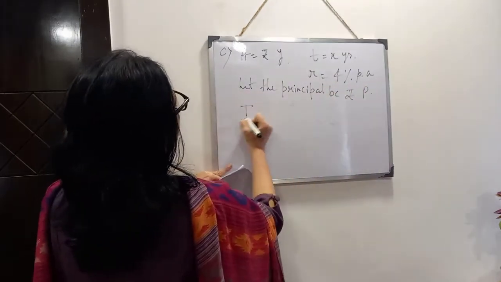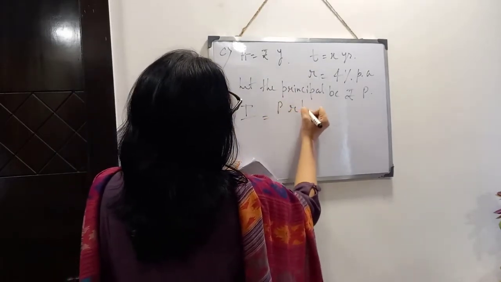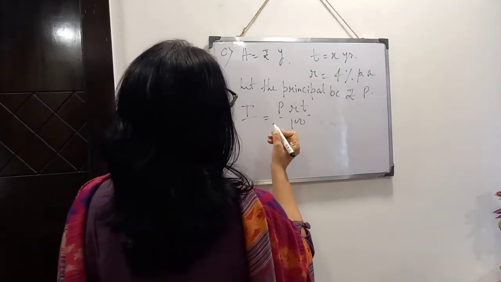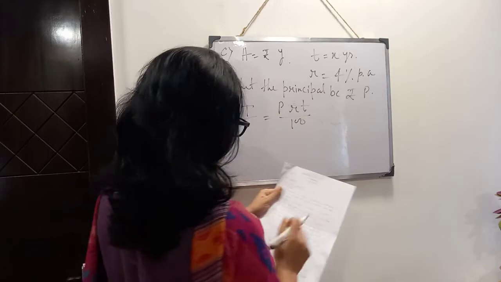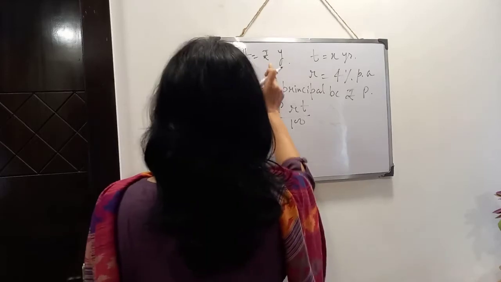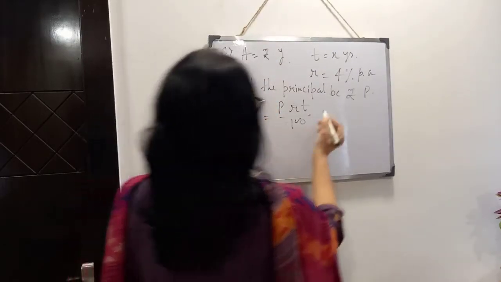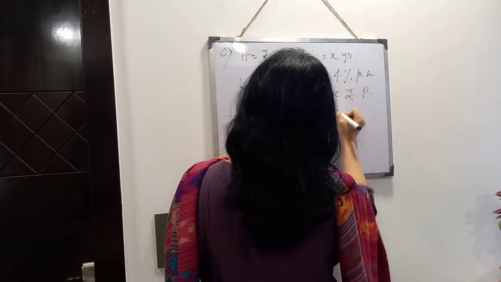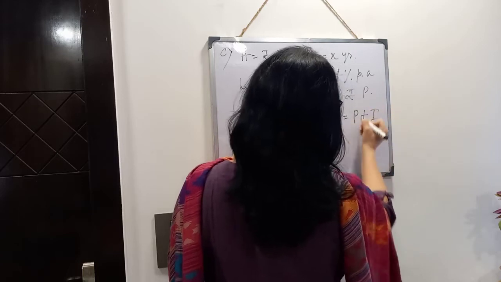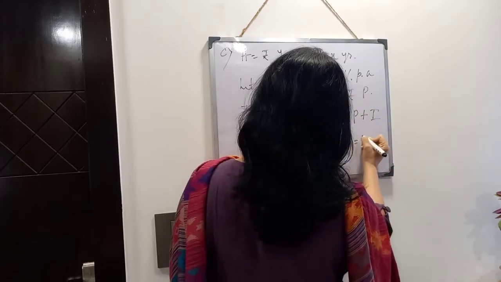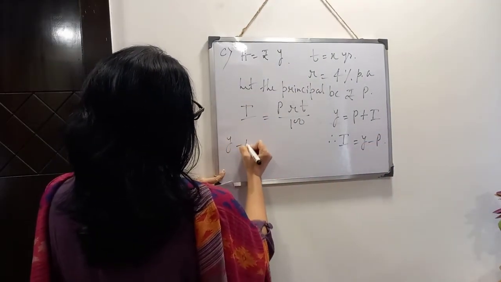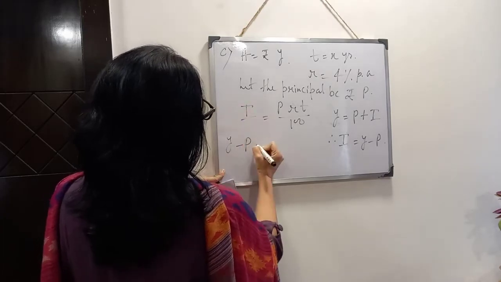So same formula, I equals to PRT by 100. From here you have to calculate interest. Amount equals to principal plus interest. Principal is P, so what is your interest? Y minus P. Clear? So here we will put Y minus P. Amount minus principal equals to interest.